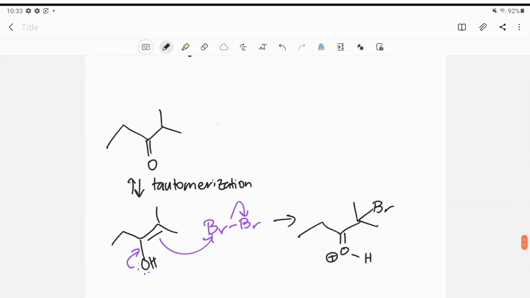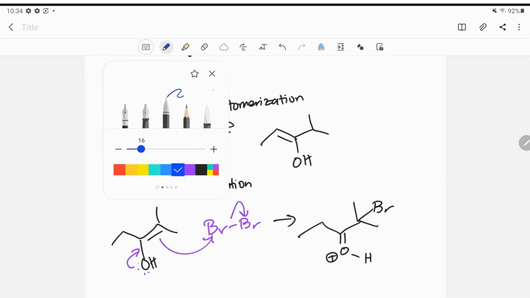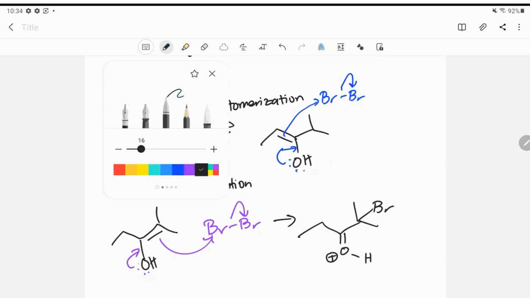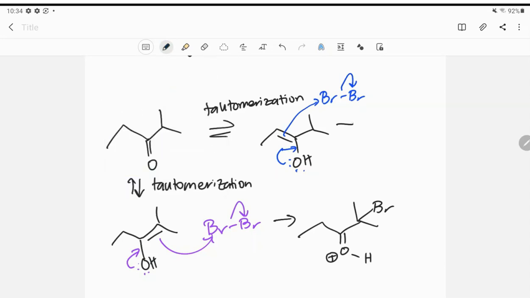Remember that this also tautomerizes into the other species, which then can attack a bromine and get the minor product.